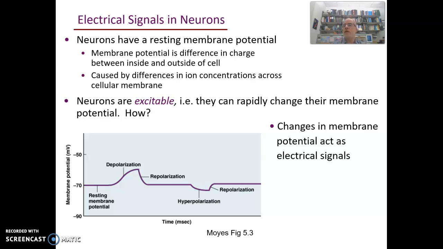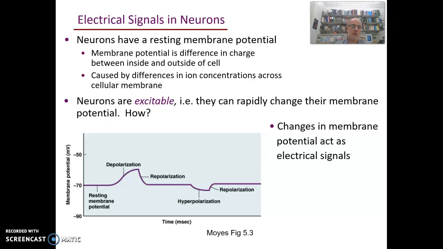Okay, so now when a neuron is excited, there's a change in membrane potential. Typically, the membrane potential moves towards zero, and the decrease in charge is used to do something. And that something in a neuron is to initiate an action potential, that is to make the nerve fire.